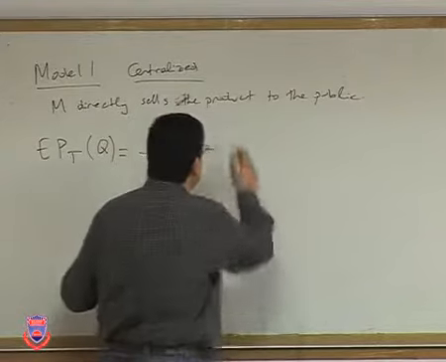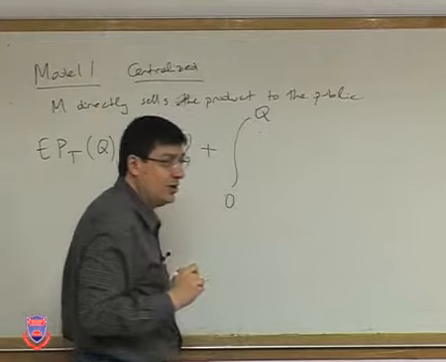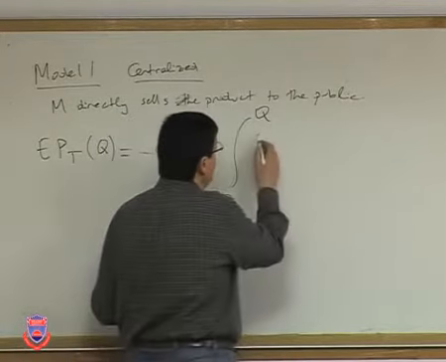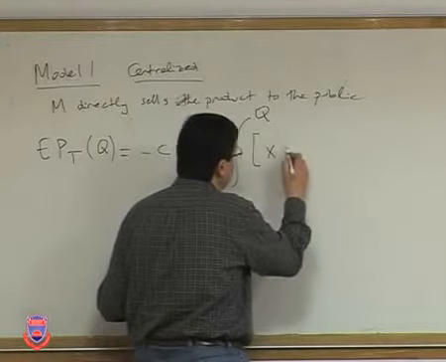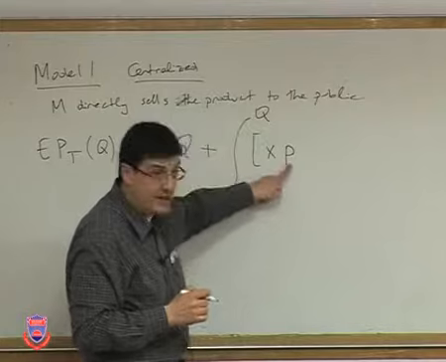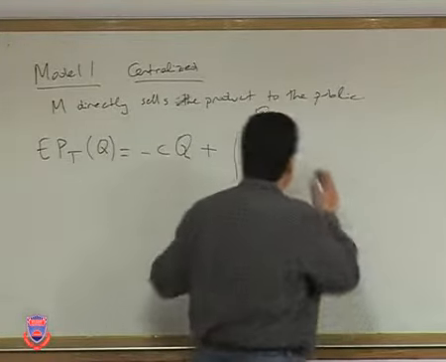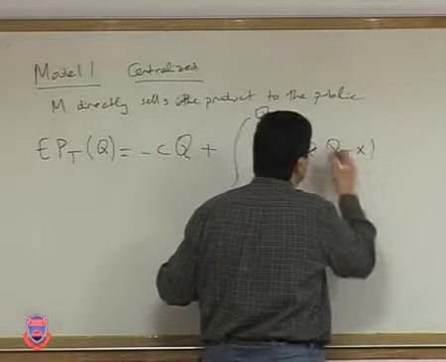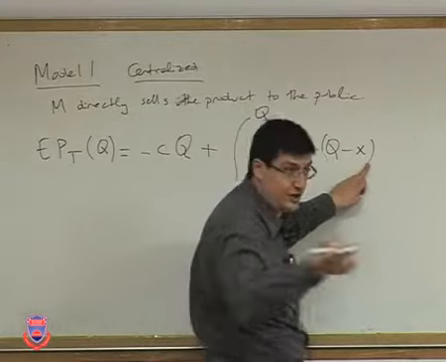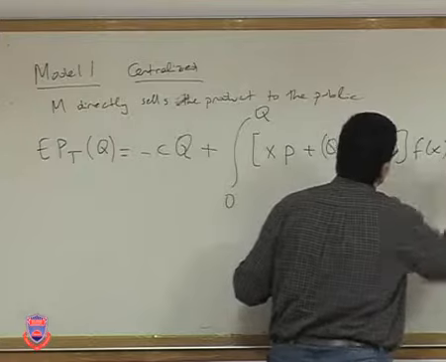If the demand is between 0 and Q, you sell whatever the demand is. So you are going to have X times P, where X is the demand between 0 and Q. XP is the return that you are going to get. And for the remaining units, you are going to salvage. So you are going to get C3 f of x dx.